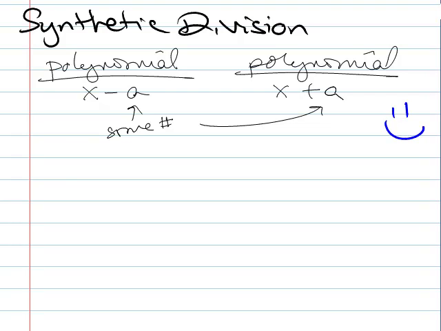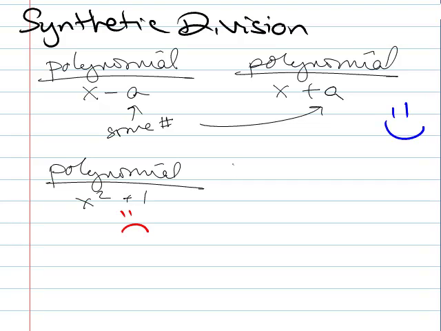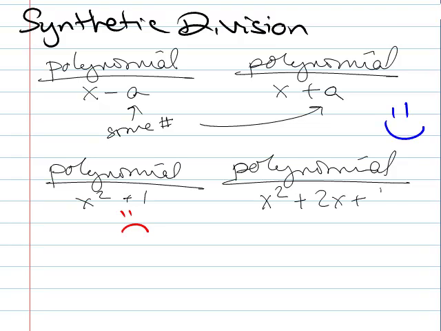There are other cases, however. Say you had some kind of a polynomial divided by x squared plus 1. This would not work. If you had some kind of a polynomial divided by, say, x squared plus 2x plus 5, no, would not work.